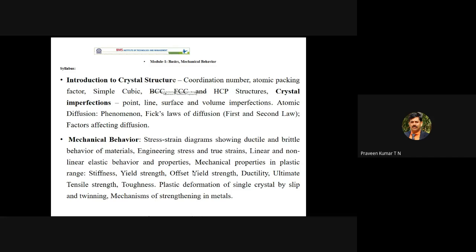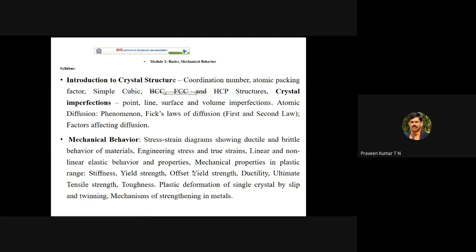Later you will come to know that when you pull a rubber band, imagine the diameter is around 5 mm. Once you pull, length increases and diameter decreases. During the process of applying load, the diameter decreases.